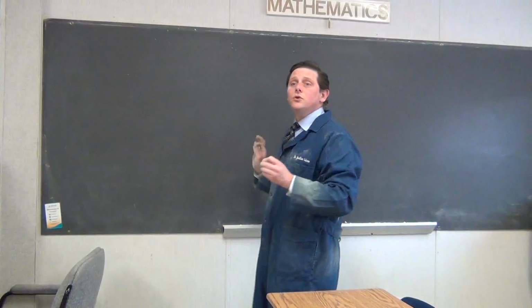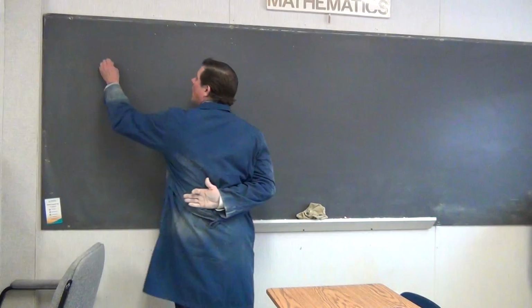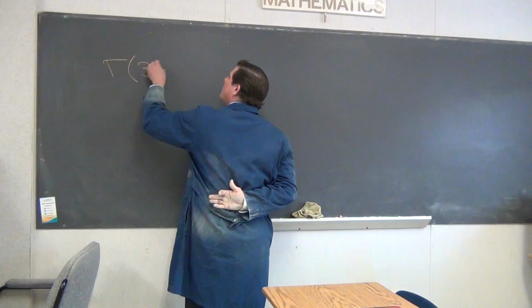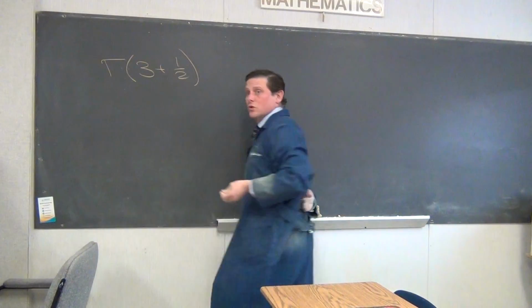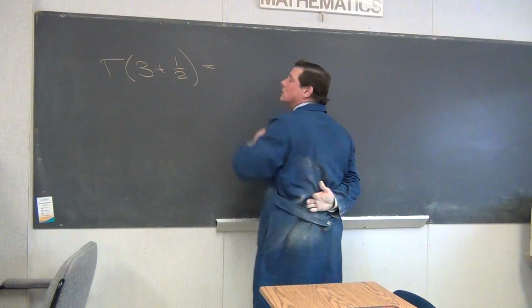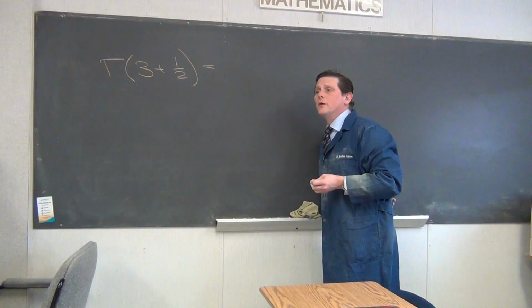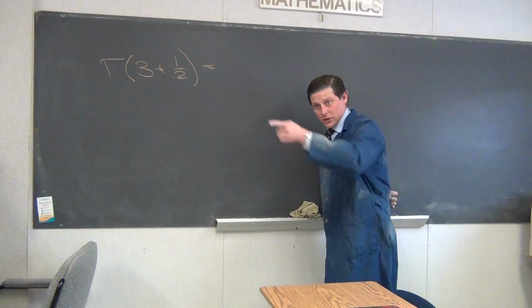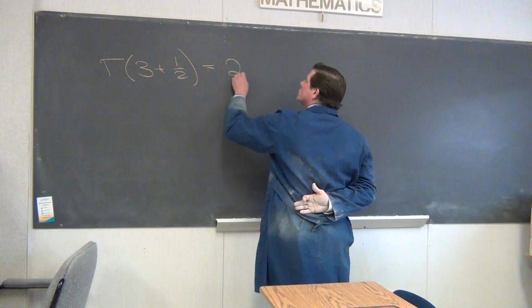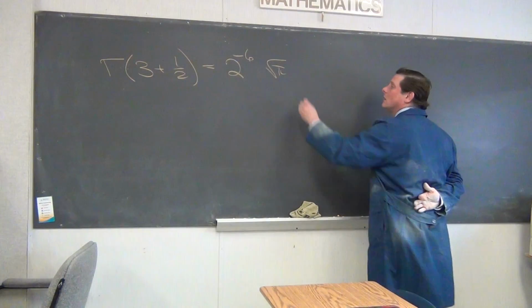So guys, let's do this with gamma of 3 plus a half. I'm going to take z equals 3. All right? So Legendre has told us that this will be 2 to the minus 6, because z equals 3, 2 to the minus 6 root pi.